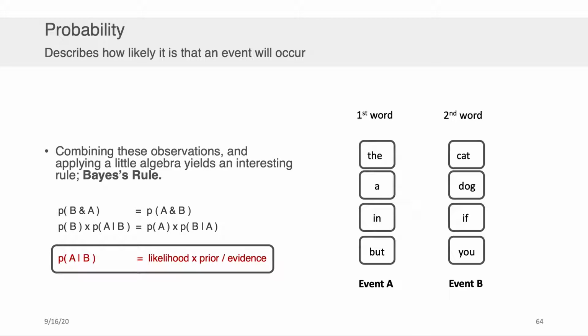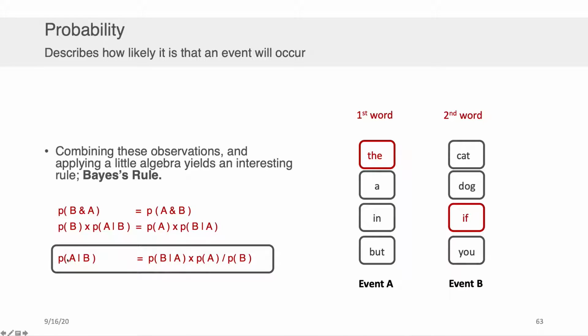And really all Bayes' rule is trying to help you understand is the relationship between the conditional probability between events in one direction and the conditional probability in the other direction. So given that I knew something about the probability of word 2 given word 1, what would that tell me about the probability of word 1 given word 2? Is effectively what you're trying to figure out. Now, in any kind of Bayesian statistics or statistics in general, if, let's say, we're interested in finding the probability of A given B, this first term, B given A, is what we refer to as the likelihood.